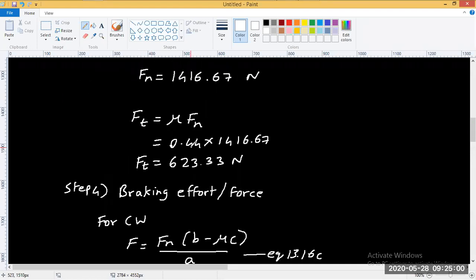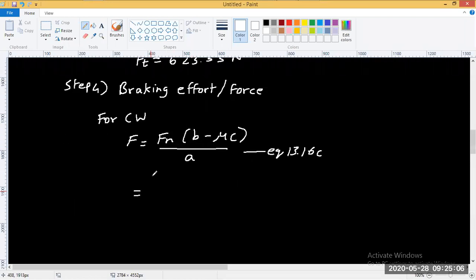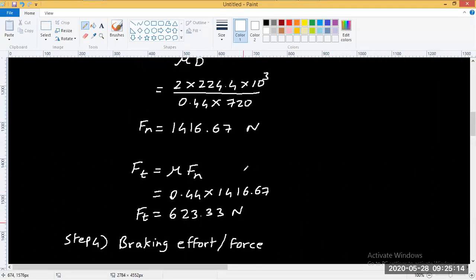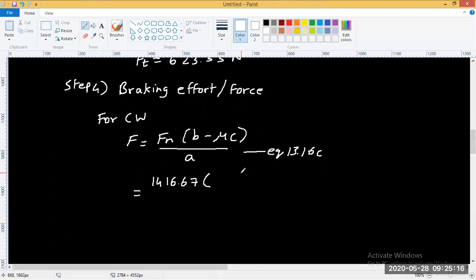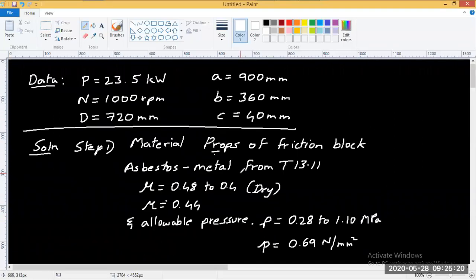So Fn is 1416.67. B, C, and A are 360, 40, and 900.